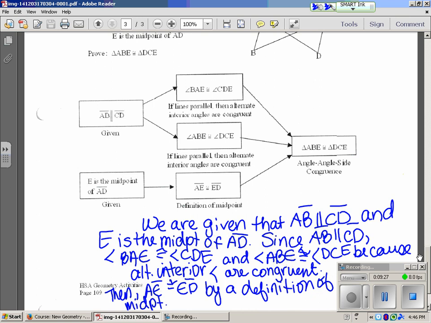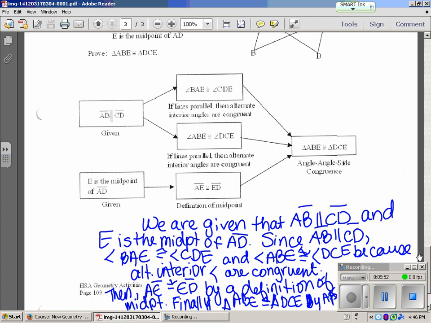And then I know you're going to be having probably more room than I am. And then finally, put in your proof statement. So finally, triangle ABE is congruent to triangle DCE by AAS.